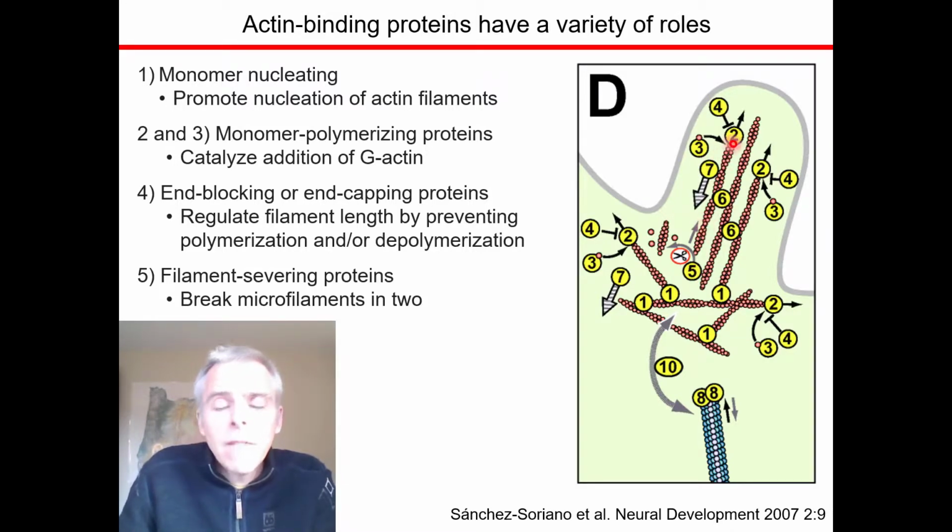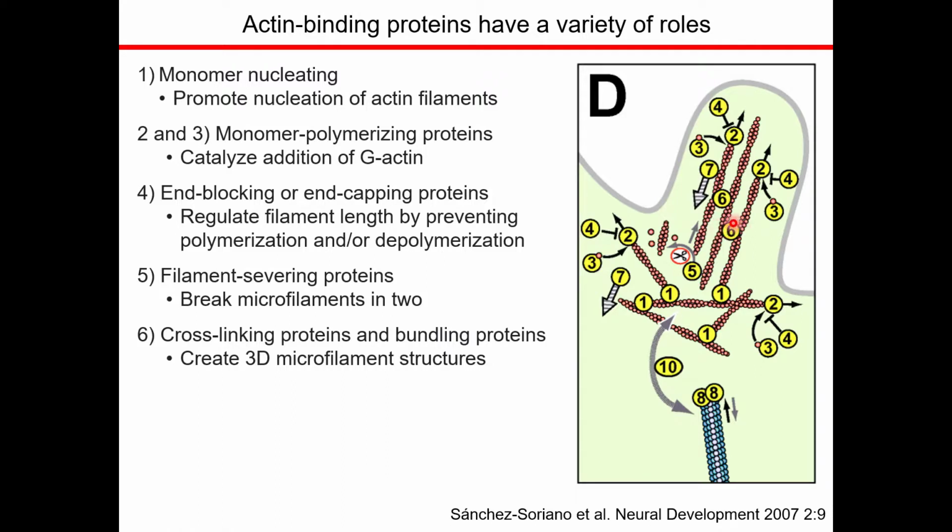Right? The ends have the ATP G-actin monomers, but once we get to the middle, we are looking at largely ADP G-actin monomers. So if you cut off the end of one of these microfilaments, you're going to expose ADP G-actin monomers, which is going to facilitate the breakdown of those microfilaments.